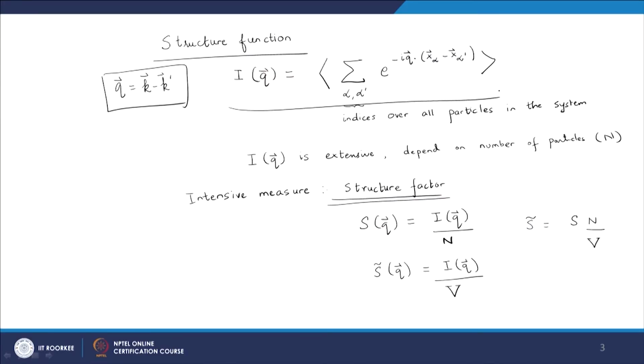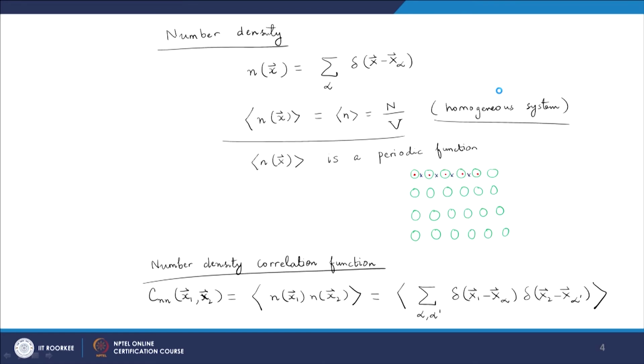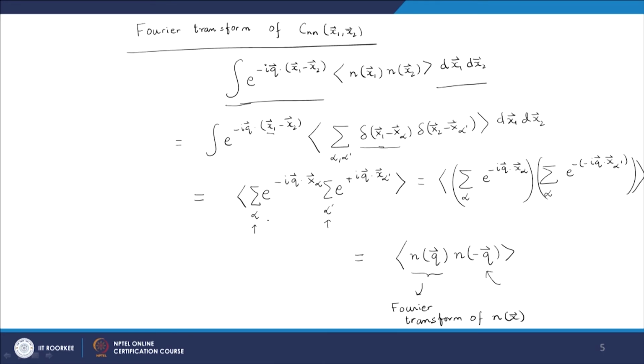Okay. So, essentially what we can conclude from here is if I Fourier transform the number density correlation function, what essentially I do get is my structure function, because this is what we did get after I did the Fourier transformation.